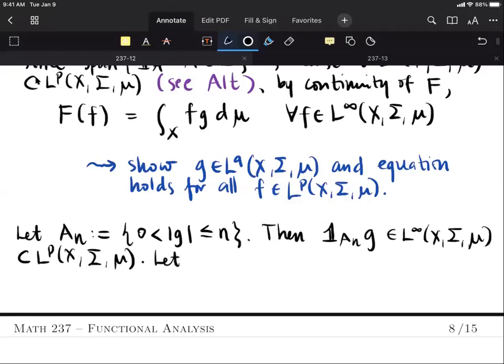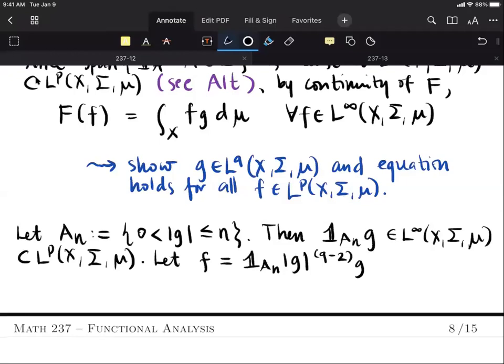Now, adapting the proof of the Riesz theorem, let us define F to be the absolute value of G raised to the value a while ago, which is Q minus 2.